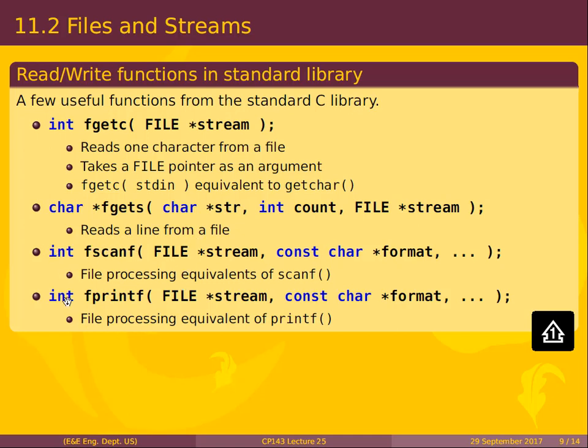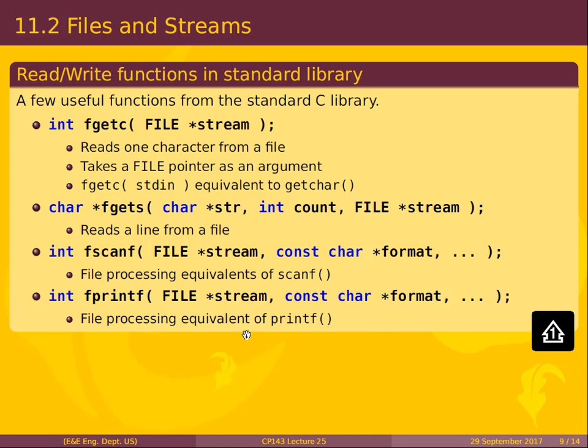Then there are also other routines very similar to the scanf and printf routines that you guys have used a lot. There's fscanf, that also essentially reads a particular string from a file, and there's also fprintf that is similar to printf, and just prints information to the file.